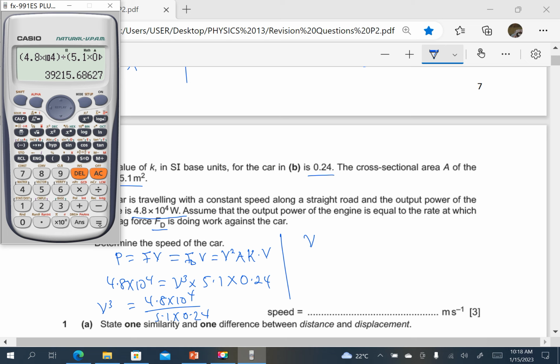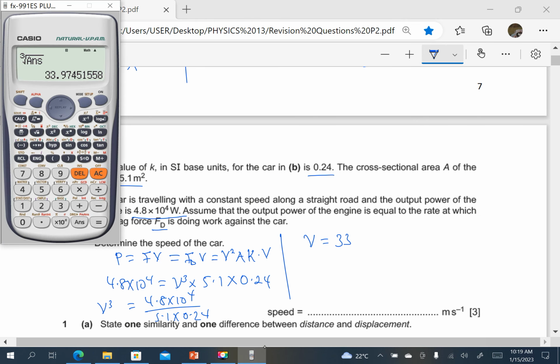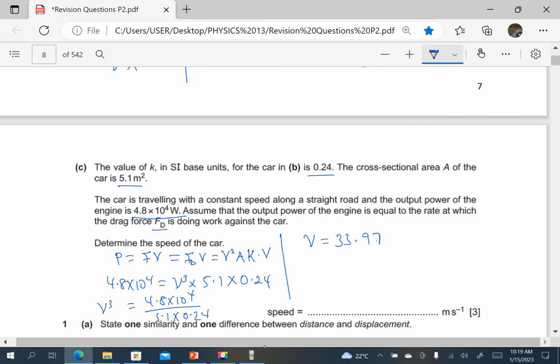And that is v cubed. So I find the cube root. Do I have cube root on this calculator? So the cube root is here. And that is giving me 33.97, which is approximately 34.